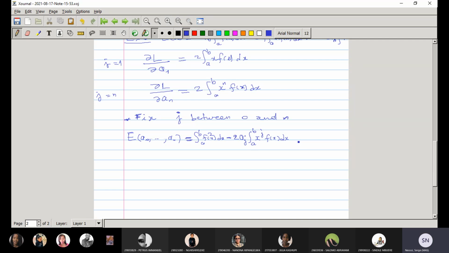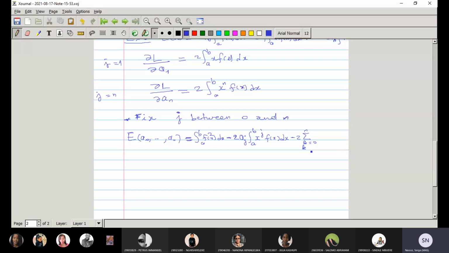So the remaining term will be minus 2 summation. We have now the summation here, k running from 0 to n, but this k will skip j.